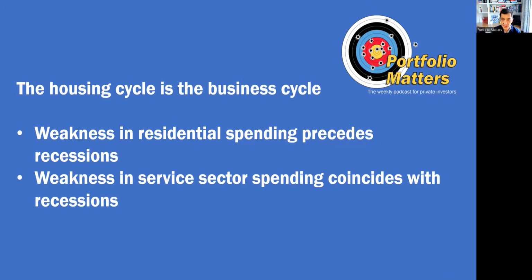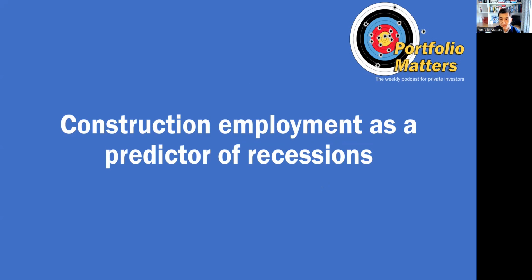So in summary, the housing cycle is the business cycle. The weakness in residential spending precedes recessions, whereas weakness in service sector spending coincides with recessions. So what is the mechanism by which the housing cycle causes recessions?